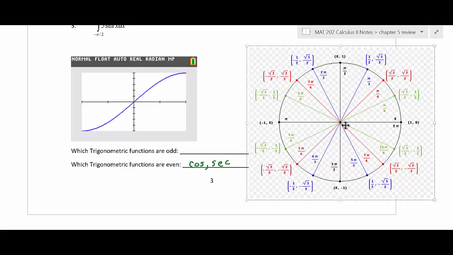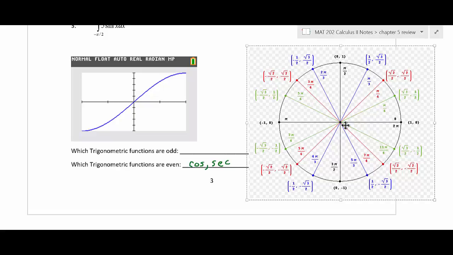Now, if you look at your odd functions, a sine is a y value. Notice that if you have an opposite y value, that's what gives it an odd function, which is symmetrical about the origin.